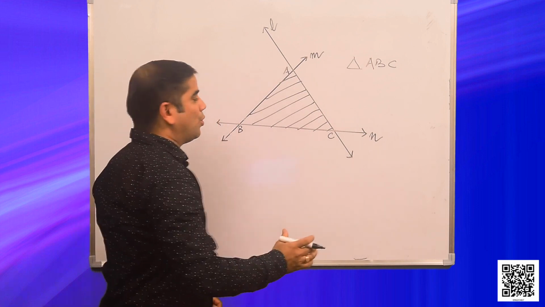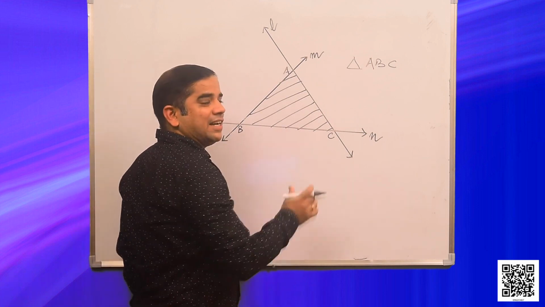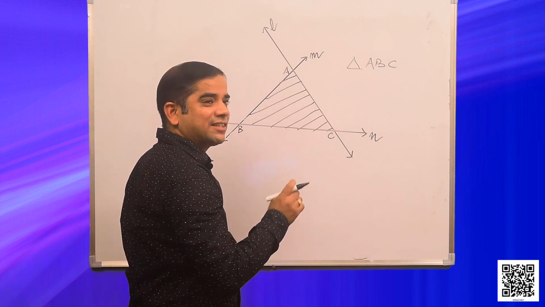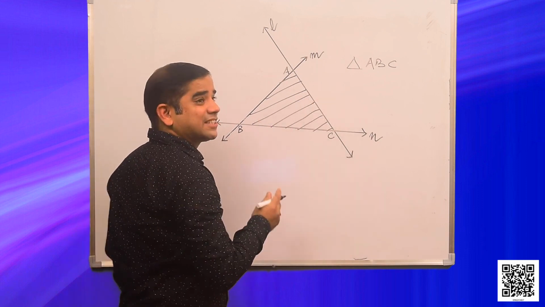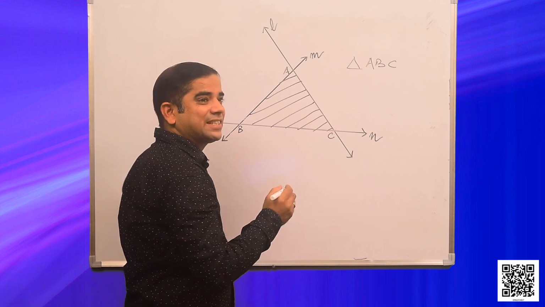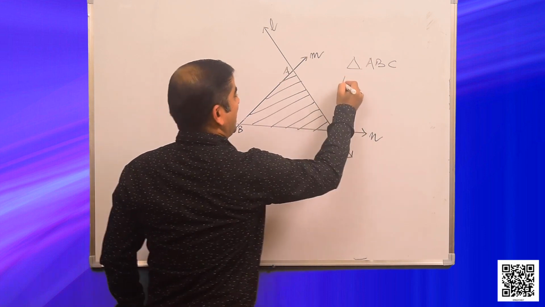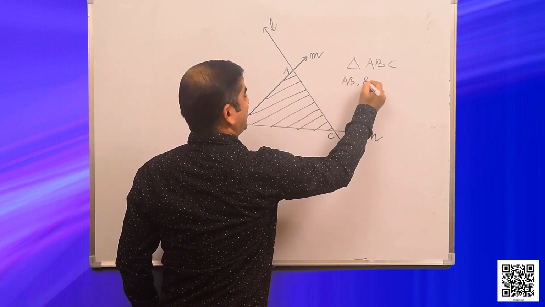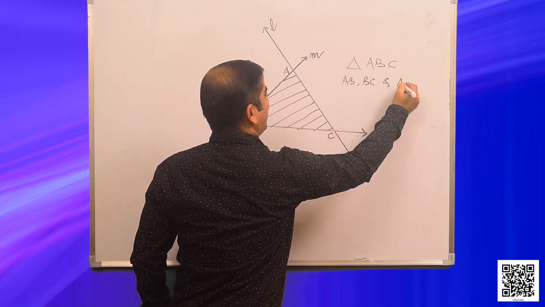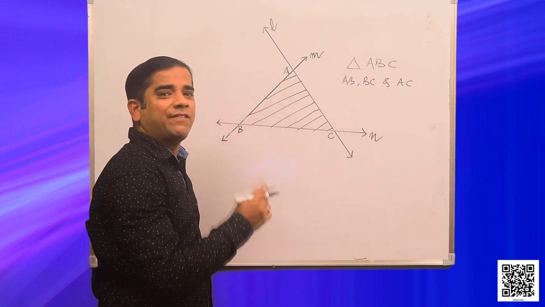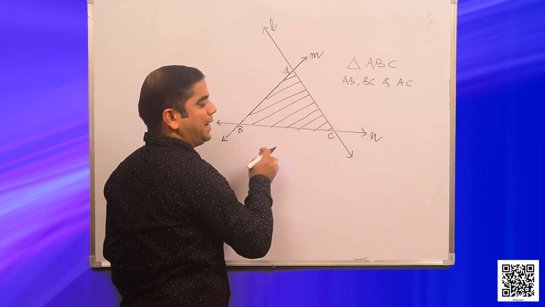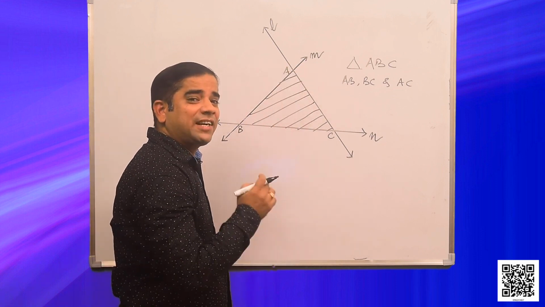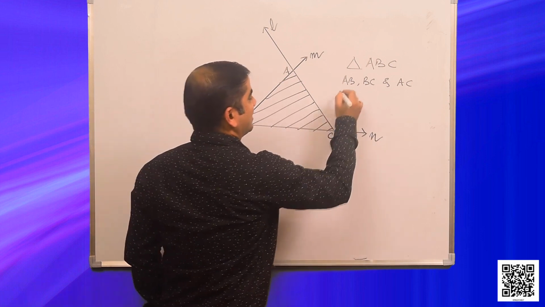As we know, a part of a line is a line segment having certain measurement. In this case, this triangle has three line segments, or we can say three sides, AB, BC and AC. And the points of intersection of the lines, point A, point B and point C, are called the vertices of the triangle.